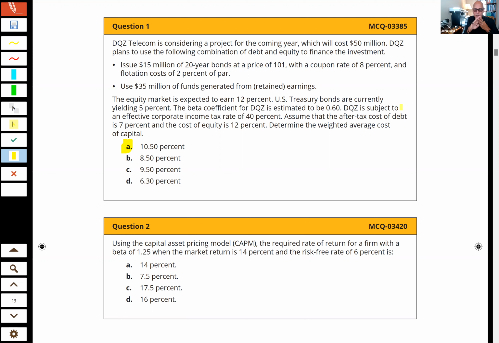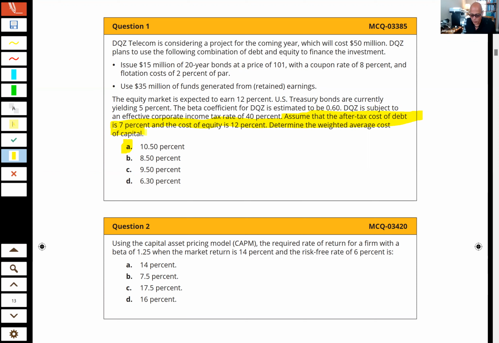And then they give you the elements you would need to calculate the after-tax cost of the debt, and they give you all of that. And then at the end, they just tell you, assume the after-tax cost of debt is 7% and the cost of equity is 12%. So they run you through all of that garbage. I'm calling it garbage because it's not useful to answer the question. And then they just give you the elements you need.